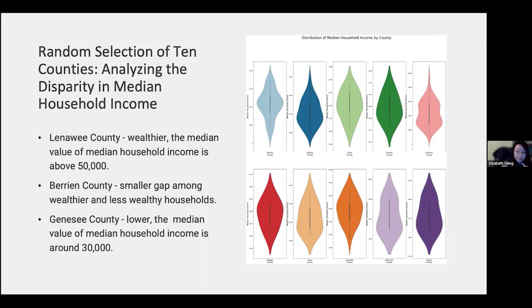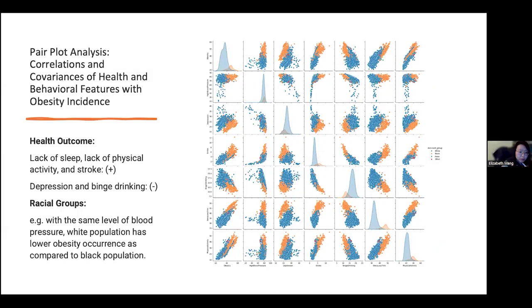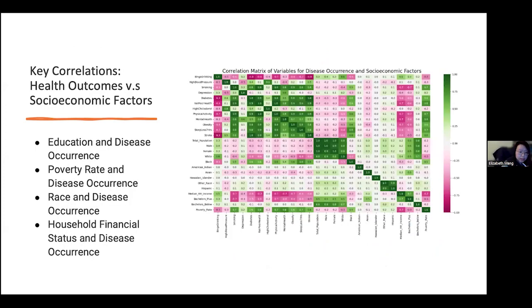We further explored the pair plot, which helps unveil the correlation among independent and dependent variables. In this heat map, we were able to observe significant correlations, such as physical activity, sleep disorders, diabetes, etc., with obesity occurrences.